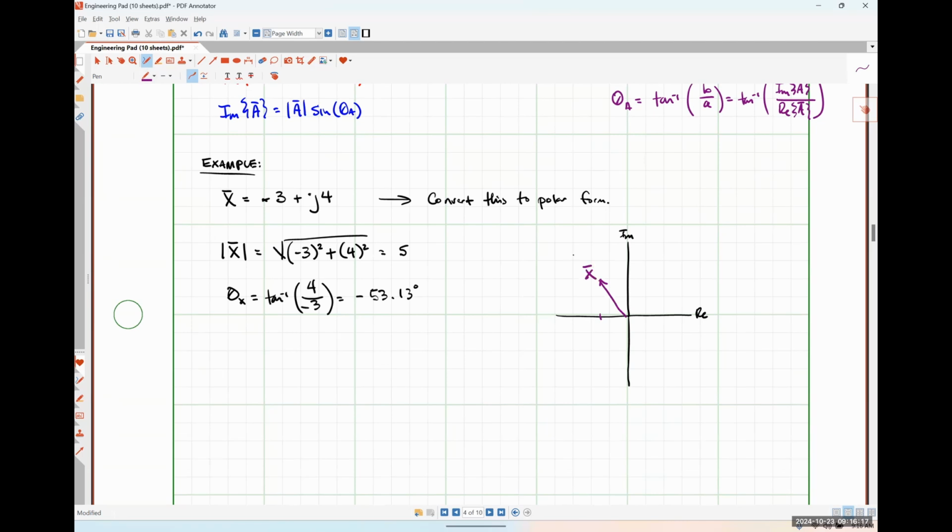So this is x based on my rectangular coordinates. According to my polar coordinates, I should be out 5, which would be here. So I'm just drawing an arc here. All of these are a distance of 5 away from the origin. And now I need to be at -53 degrees, which would be roughly here.